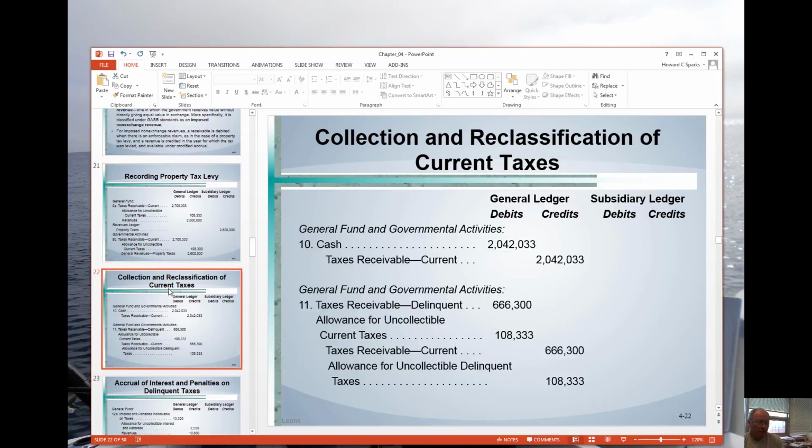So here we have collection of some of the property taxes, and then once the due date arrives, anything that has not been paid is considered delinquent. The bottom part of the slide is just classifying the delinquent property taxes in both the general fund and government activities. So we do both the receivable and the related allowance.